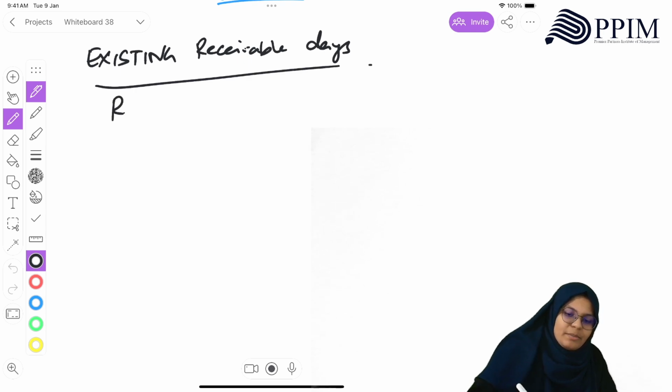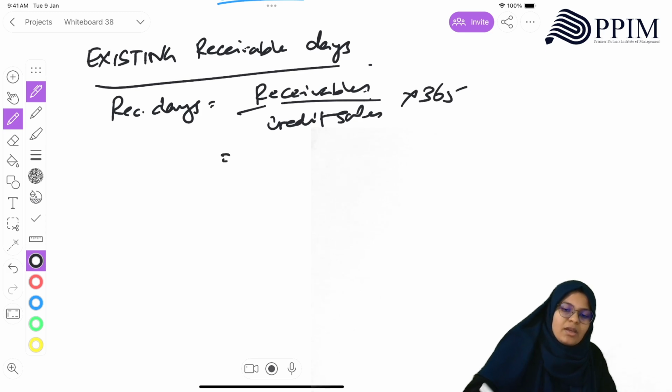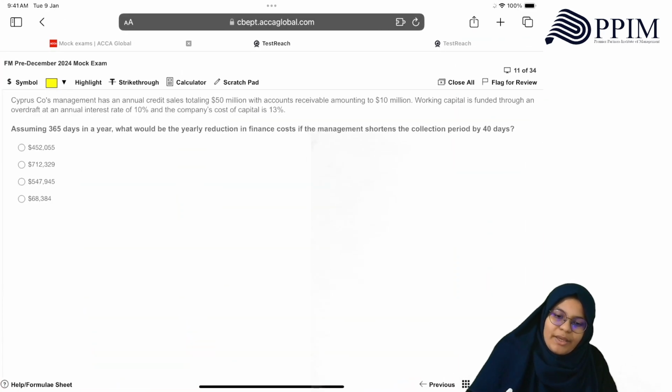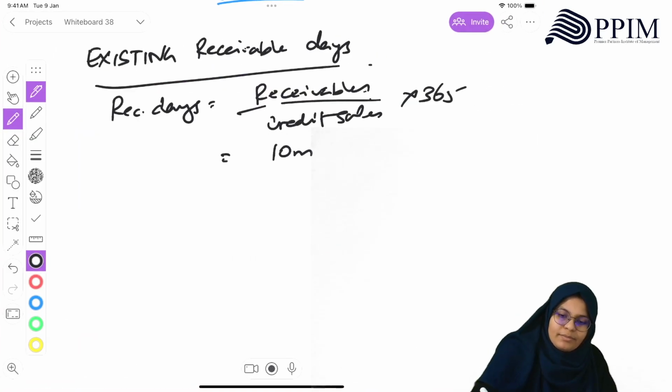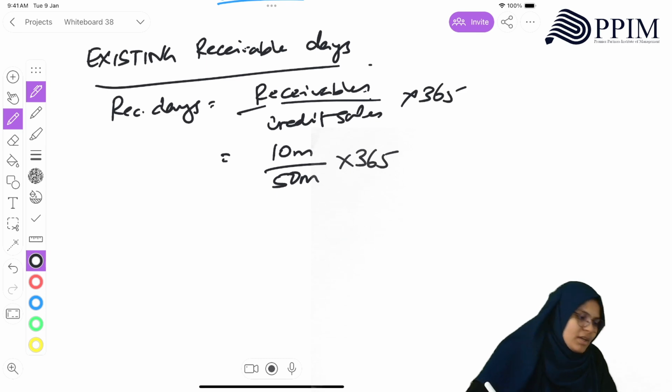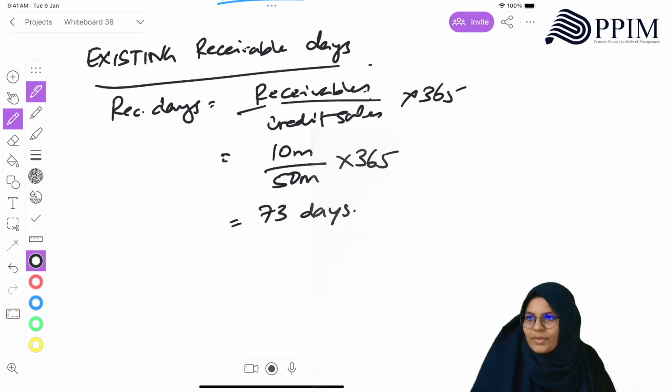Receivable days equals receivables over credit sales into 365. Receivables, they told me it was 10 million, sales is 50 million. So 10 divided by 50 into 365. So existing receivable days is 73 days. Okay, first step.